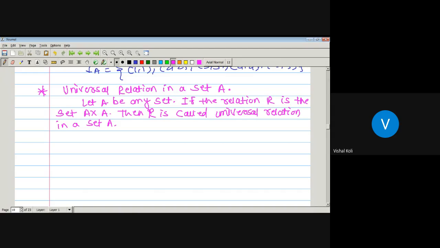Since A cross A is the largest subset of A cross A, if R is the whole set A cross A, then R is called the universal relation.